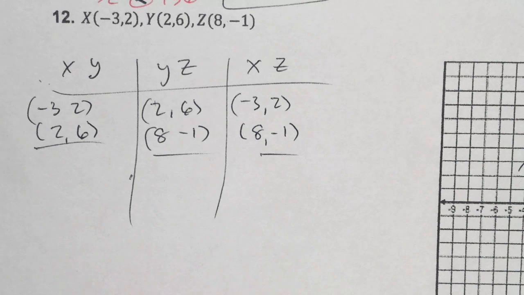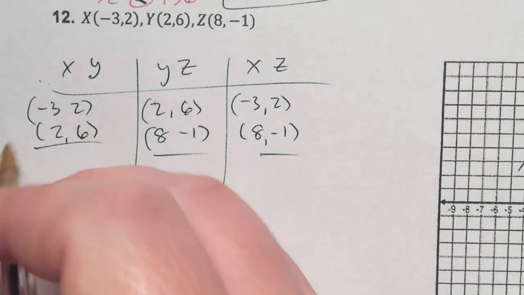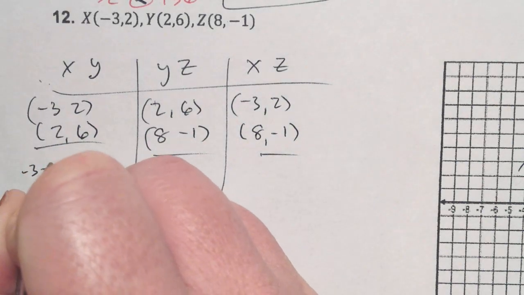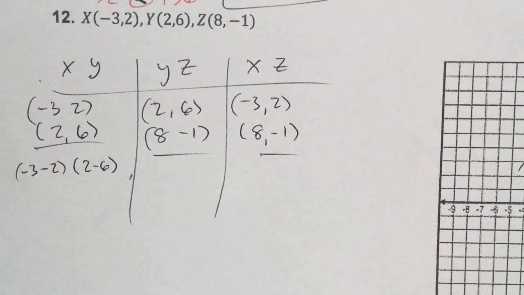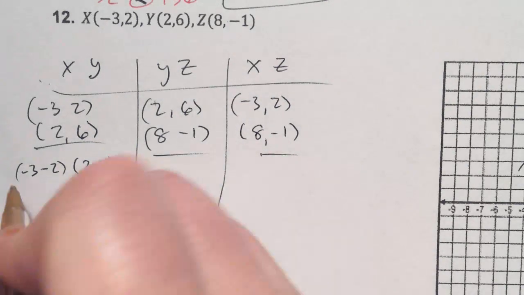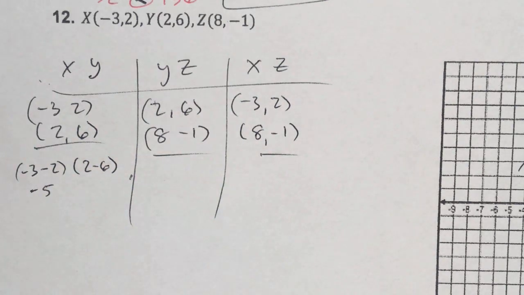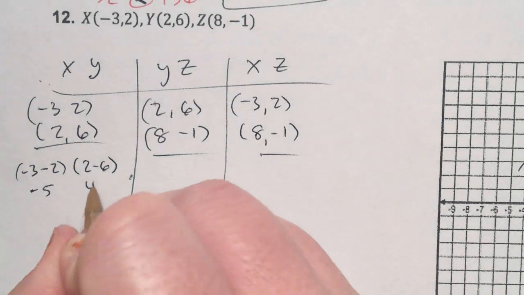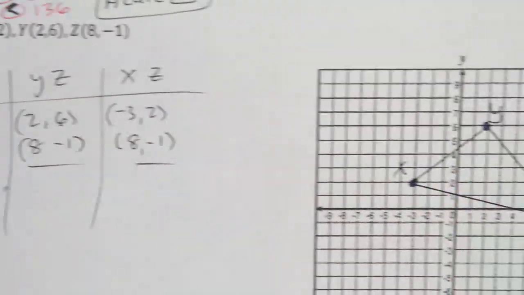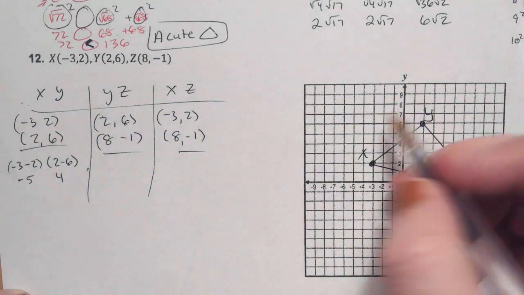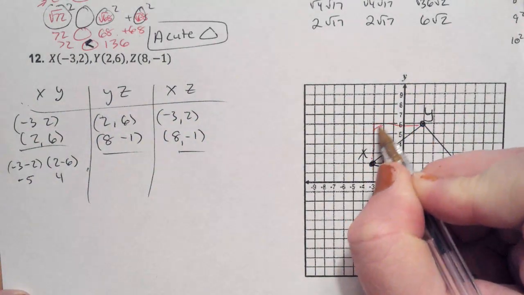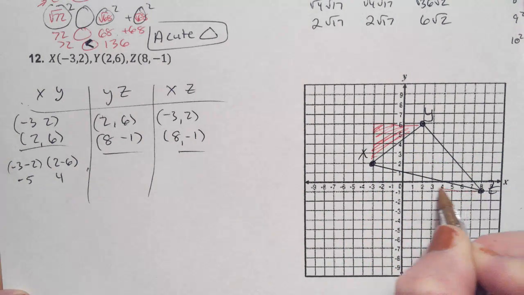So what we do is we subtract the numbers. So -3 minus 2, we get -5. 2 minus 6, we get -4. So if we look back over here, we're making these little right triangles.